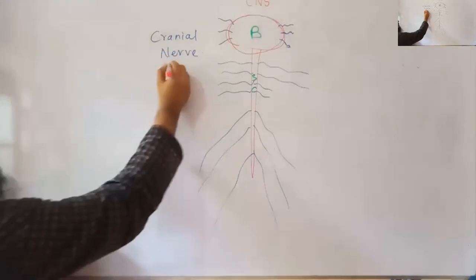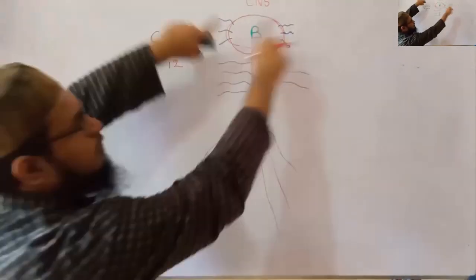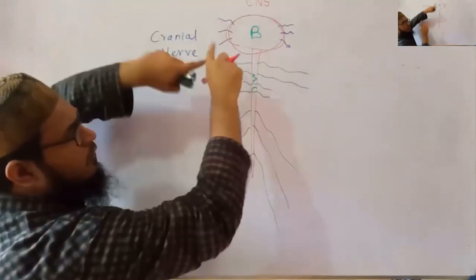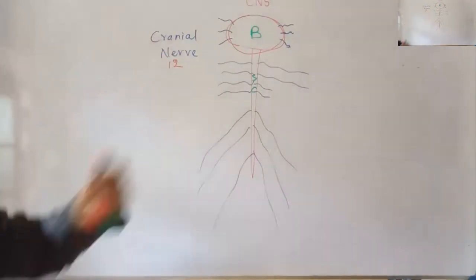That means both sides, 1, 2, 3, 4, like that. In your brain, there are totally 24 main nerves. That means 12 pairs. Understood? Right side and left side.